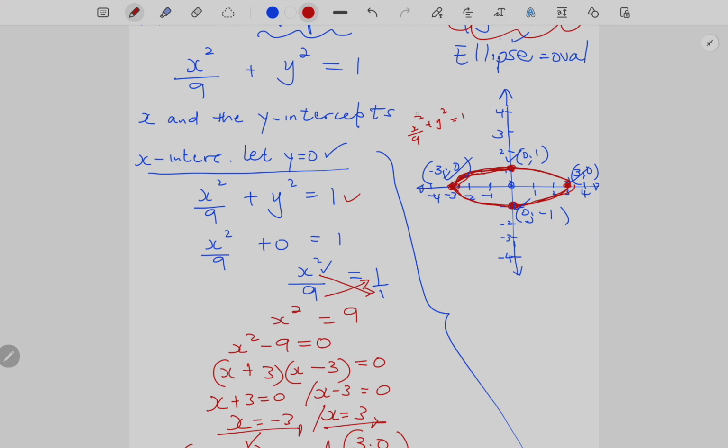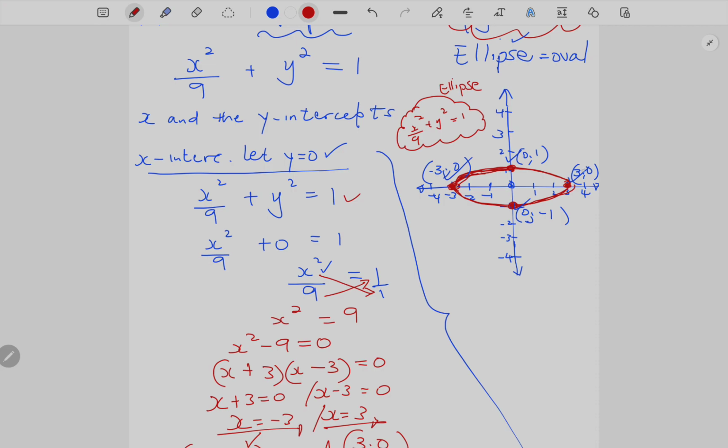Let me write it here in red. So you can write next to this equation, the name of the graph is ellipse. Then you get a mark for that.